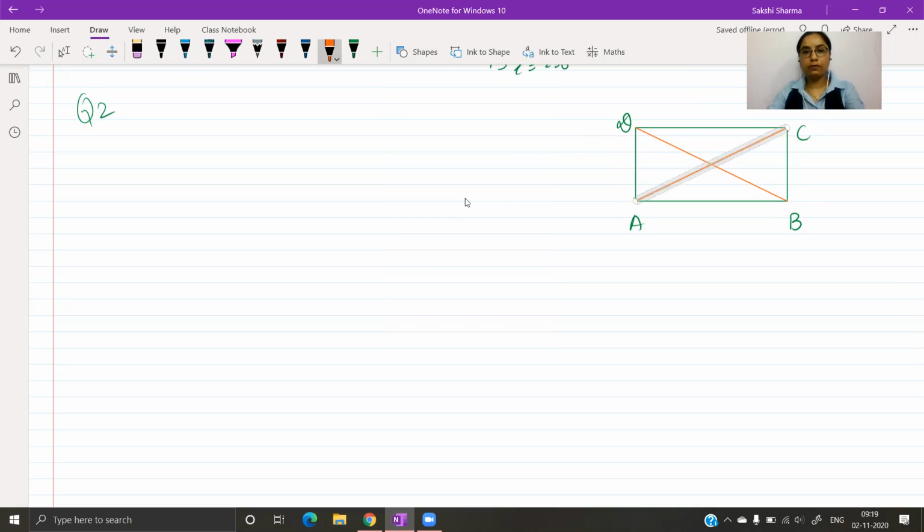Start by writing down given and to prove. We have been given that ABCD is a parallelogram.